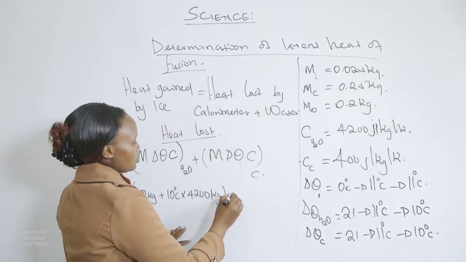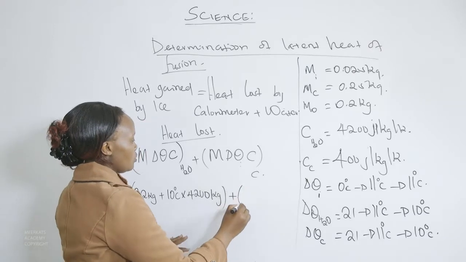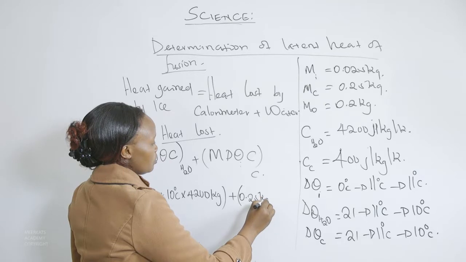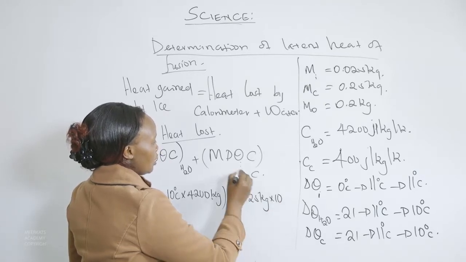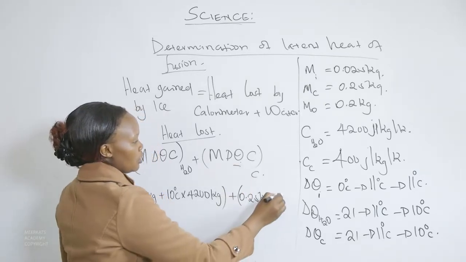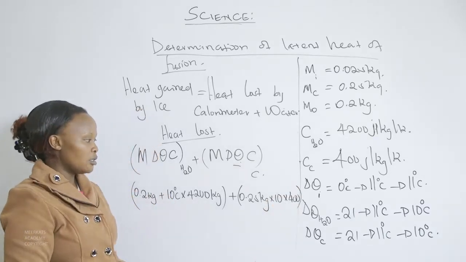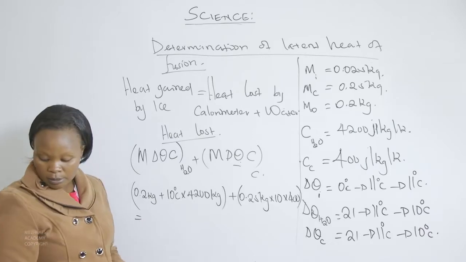This one is going to be added to that of the calorimeter, which is 0.25 kilograms times 10 as our change of temperature times the 400 that we were given as the specific heat capacity.